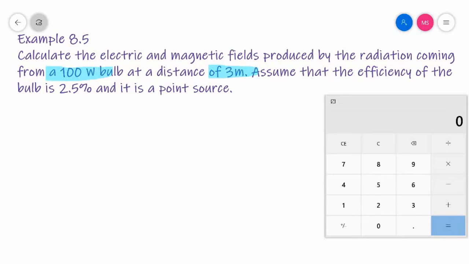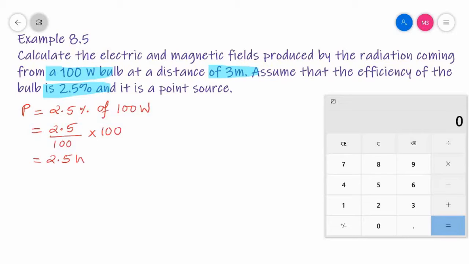Also, the efficiency of bulb is given as 2.5%. Now here efficiency means the output power of the bulb will be only 2.5% of 100 watt, which means that output power will be 2.5 by 100 into 100, and that is equal to 2.5 watt. This will be the output power of the bulb.